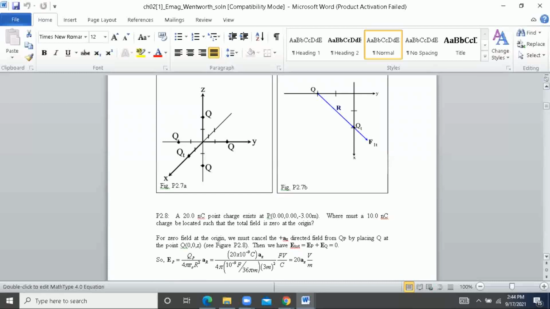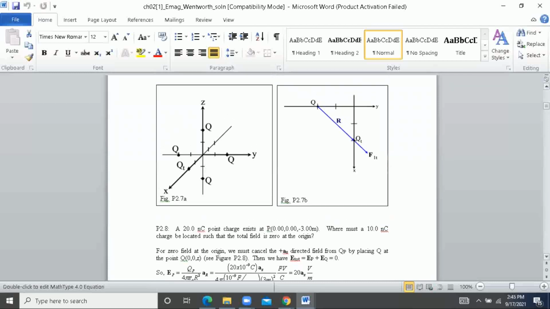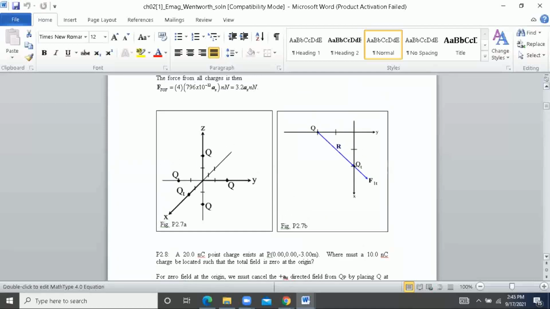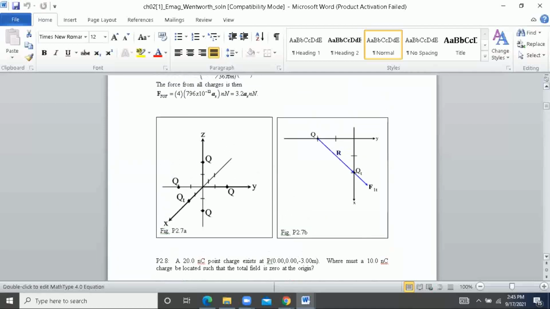So this one now. A 20 nanocoulomb point charge exists at this location. Where must a 10 nanocoulomb charge be located such that the total field is 0 at the origin?